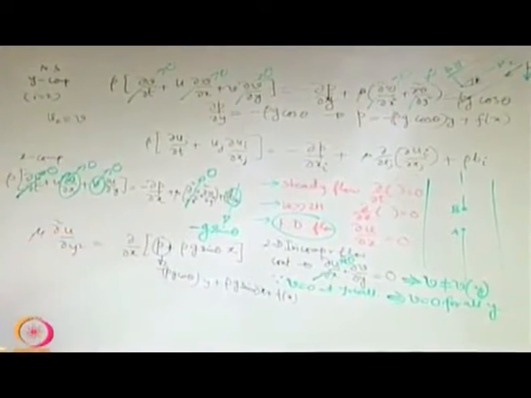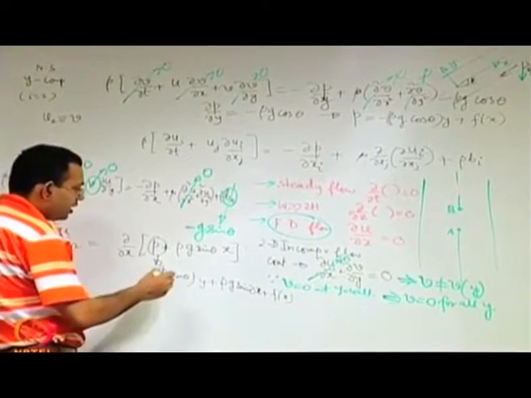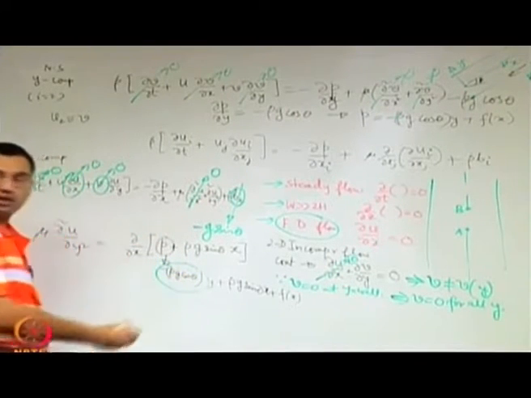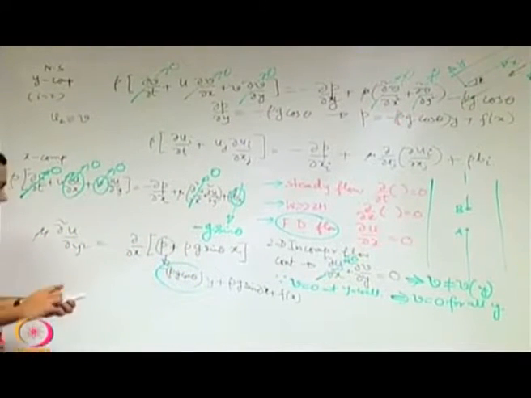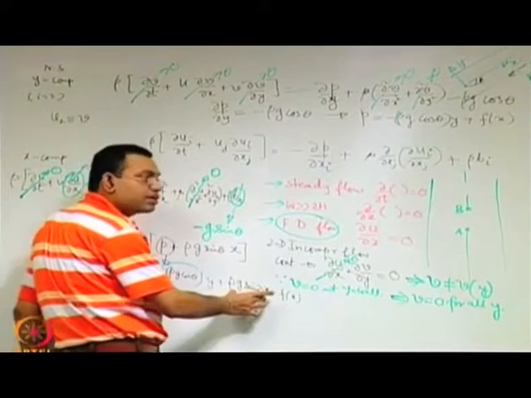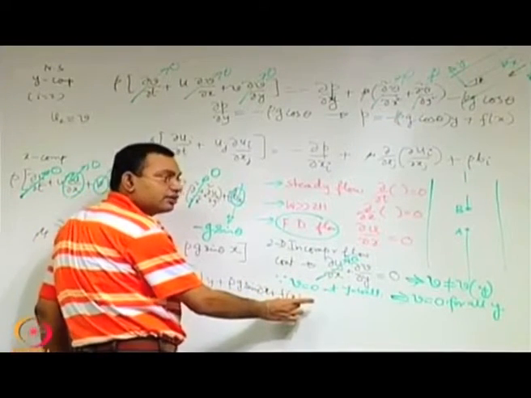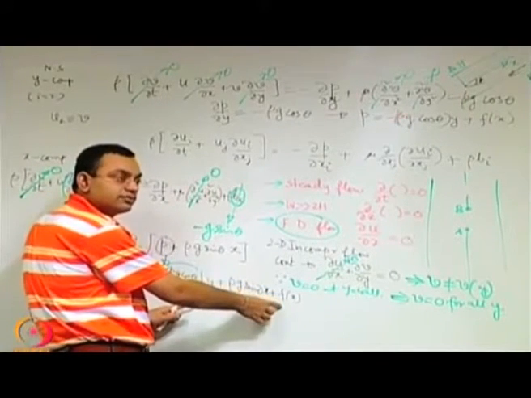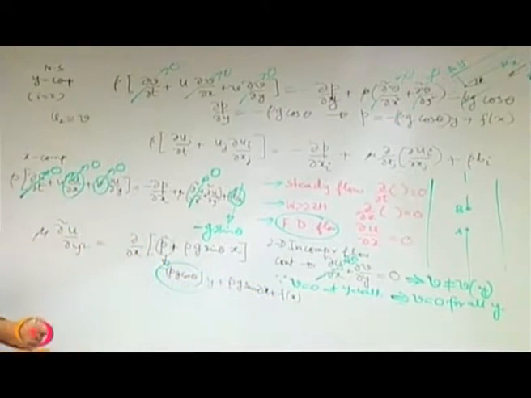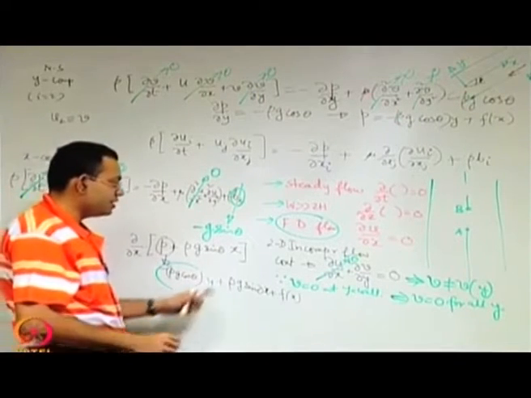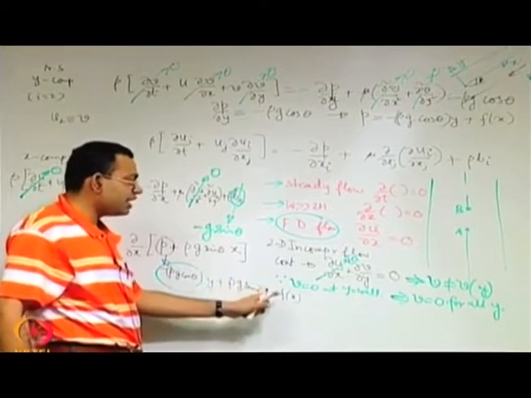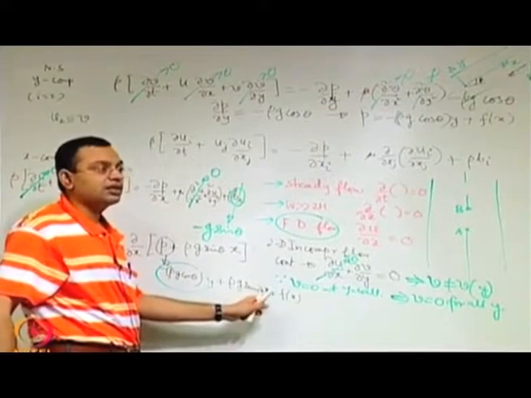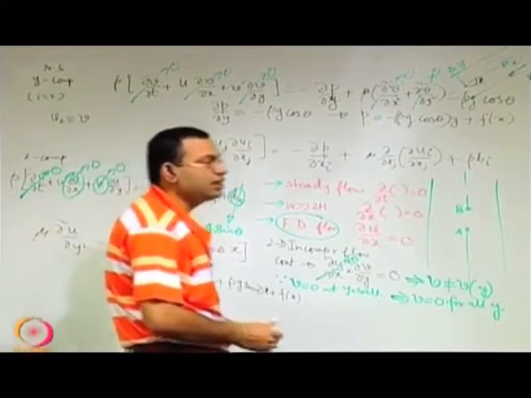Now the partial derivative of this with respect to x will be 0 because this only contains y. So the remaining terms, this is a function of x only and this is a function of x only. Therefore this term is a function of x only, and what is this term actually? This term is just like a pressure which is varying with x plus the gravitational head, because what is x sin theta?